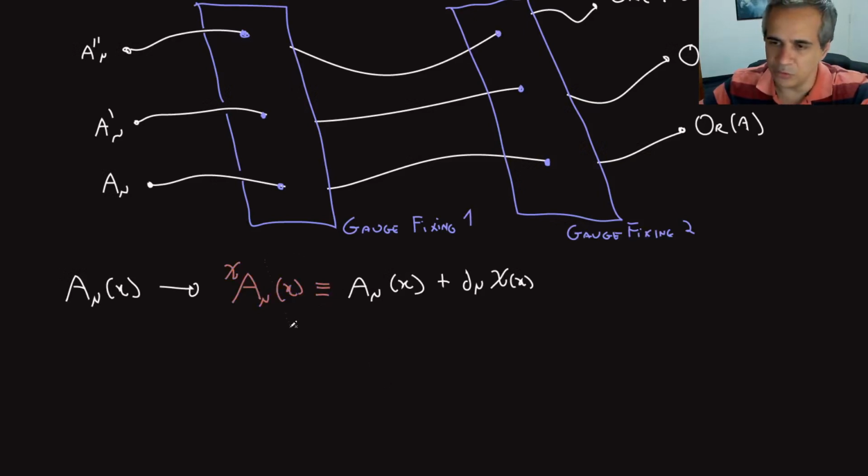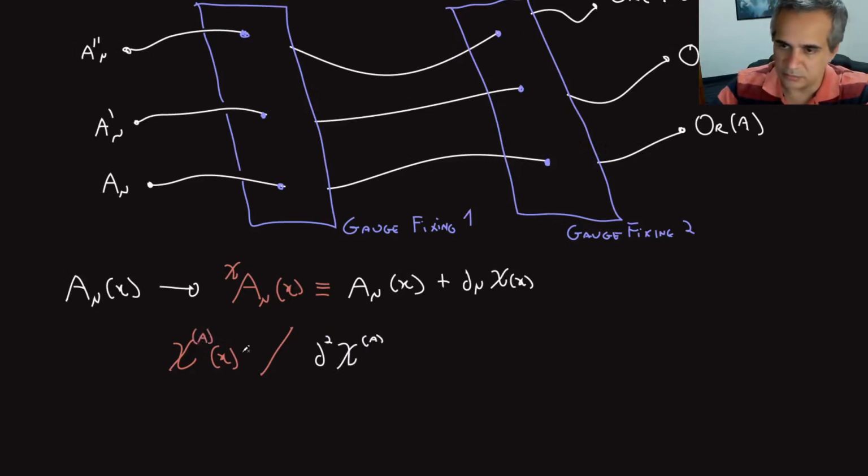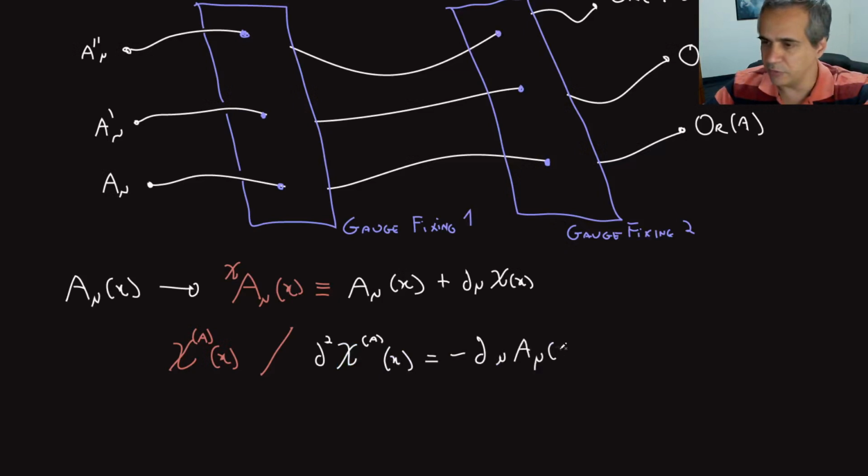And I can also define the value of chi that puts me in a particular gauge fixing. I'll call this chi_A of x, and this is the one that satisfies this condition, that the second derivative of chi_A of x is minus del mu A mu of x plus c of x, right?